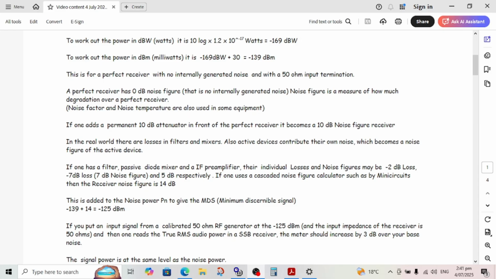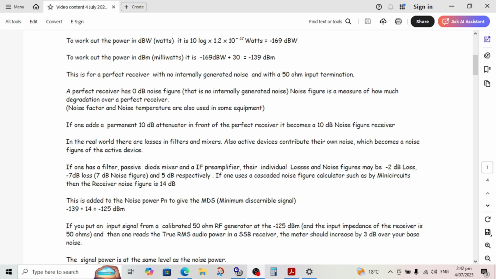If you add a typical HF receiver front end, such as one that has 2 dB loss in the filter, 7 dB loss in the mixer, and 5 dB noise in the IF preamplifier, then this calculates out to approximately 14 dB. Using the noise power of minus 139 we looked at earlier, this converts to minus 125 dBm with the addition of the 14 dB noise figure.